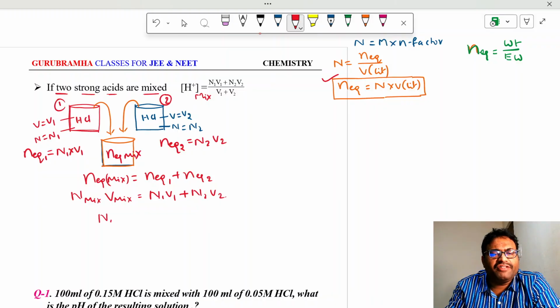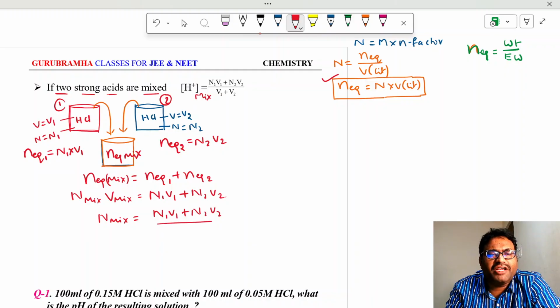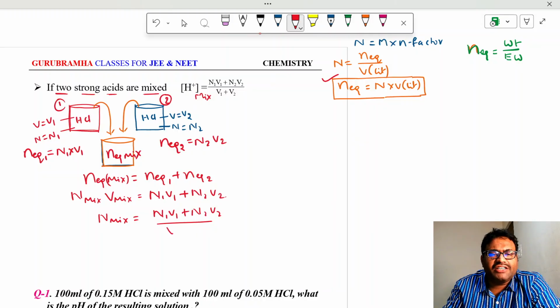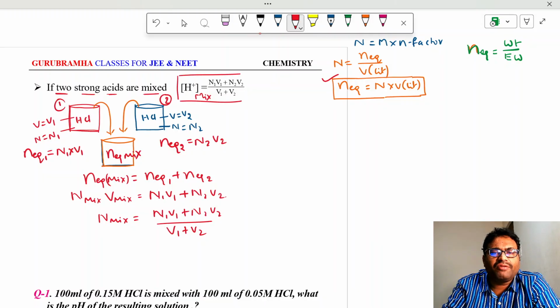The normality of the mix can be written as N1 V1 plus N2 V2 by the mixed volume, which will be equal to V1 plus V2. Just the volumes get added up. If it is 50 ml and the second solution is 100 ml, when you add 50 plus 100, it becomes 150 ml, right? So I can write it as V1 plus V2. This is the formula we got.